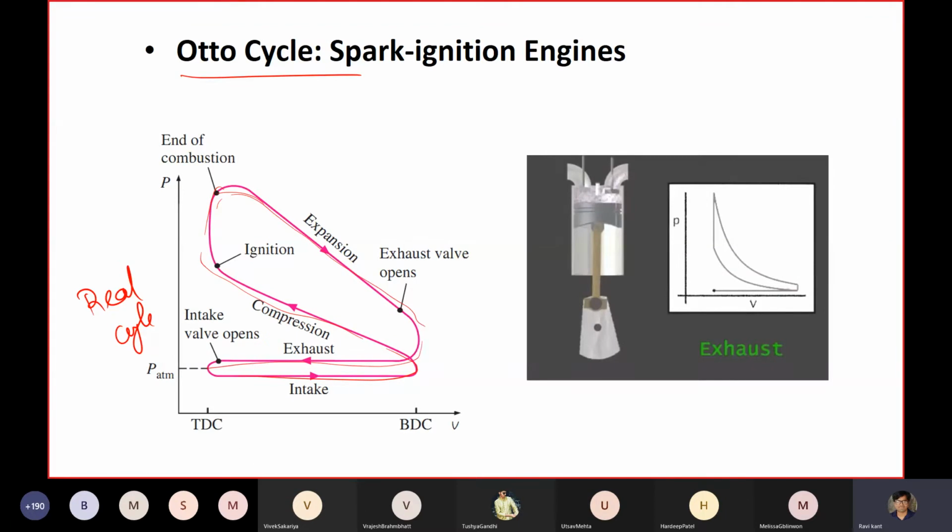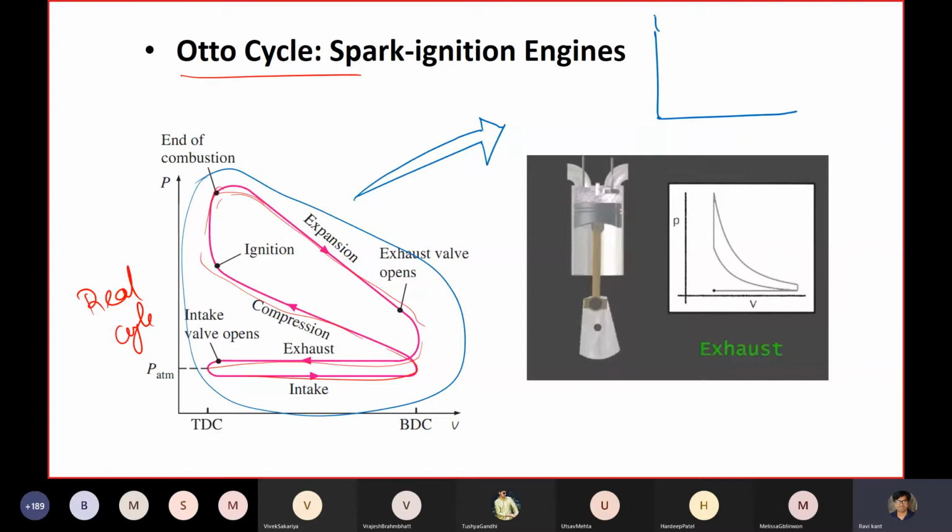So what we do here, for studying this sort of complex graph, is we assume that my cycle is happening hypothetically, but in the same way, my cycle is happening slightly this way.